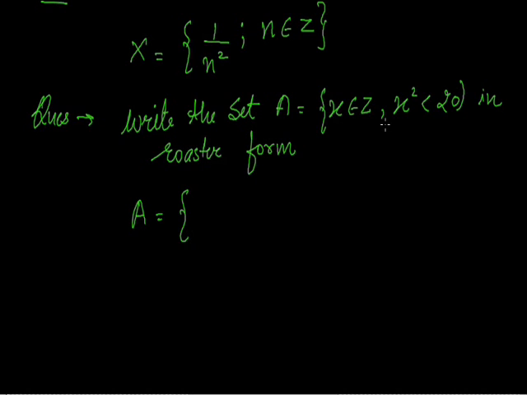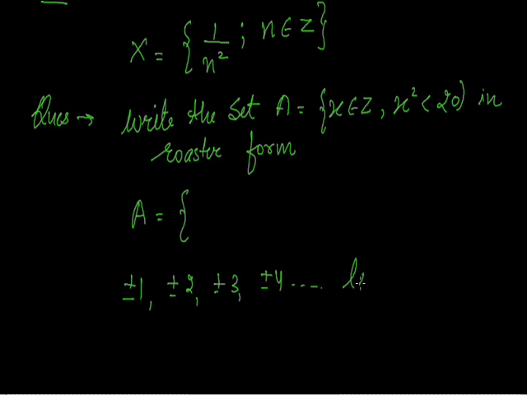We are saying x square is less than 20 and x belongs to integers. So it can take numbers plus minus 1, plus minus 2, plus minus 3, plus minus 4.